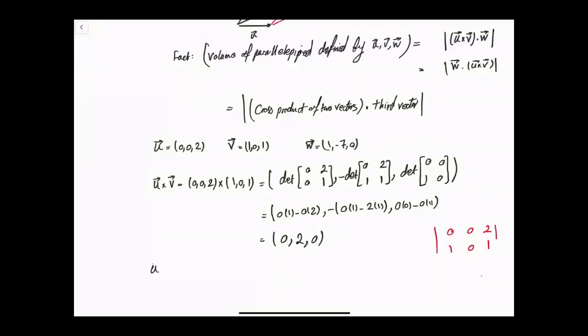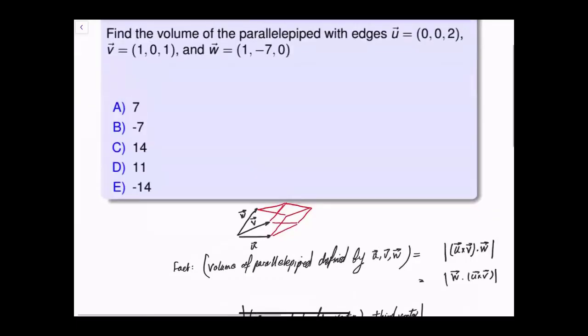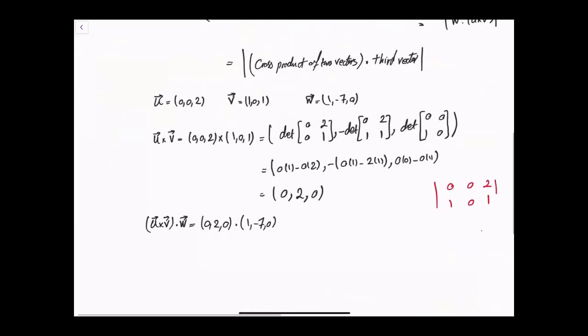Now, U cross V, which is a vector, you can dot product with the third vector W. So 0, 2, 0, dot product with 1, negative 7, 0. Dot product is you multiply the corresponding components and then add them. This will be a number.